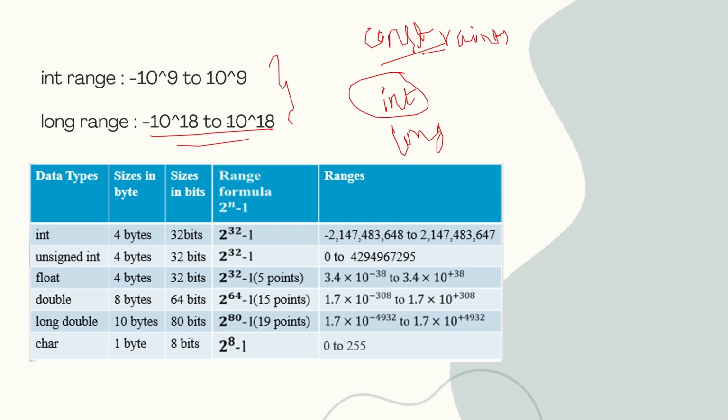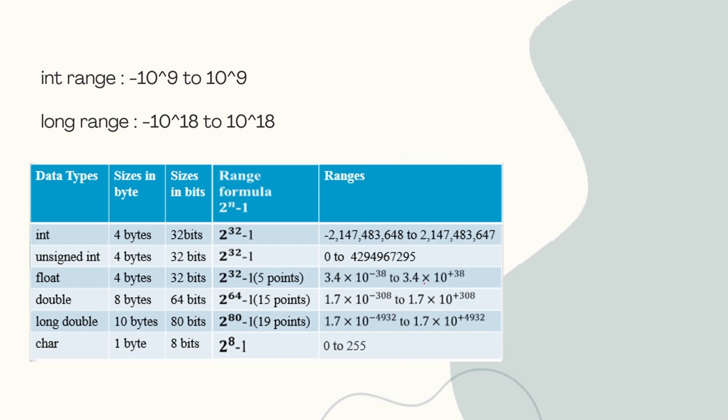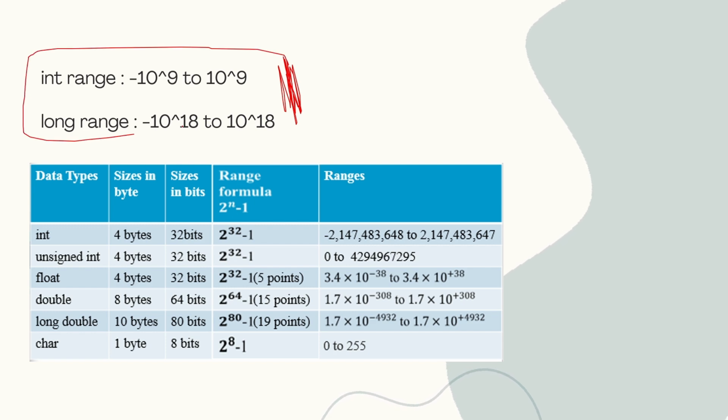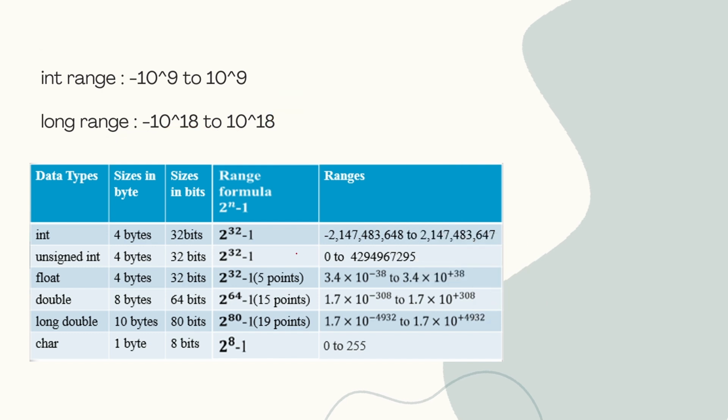You need to use long. But if you use integer, then definitely you will get some errors, right? Let's try to learn about those errors in our future videos, but just try to remember these things. There is nothing to remember because I've told you how you get these with proof, right? And these are the ranges; you can check the ranges in detail, I've given them here, right?